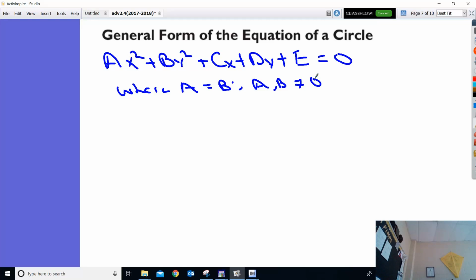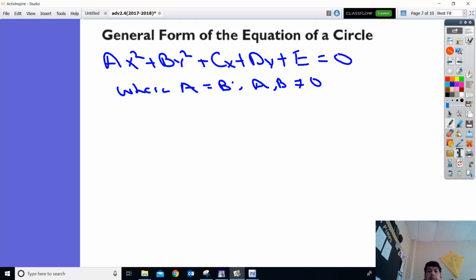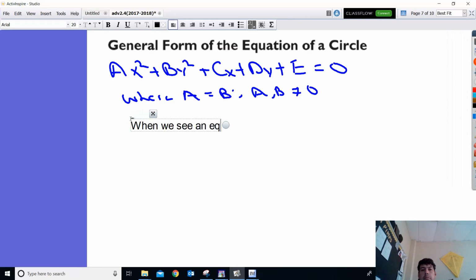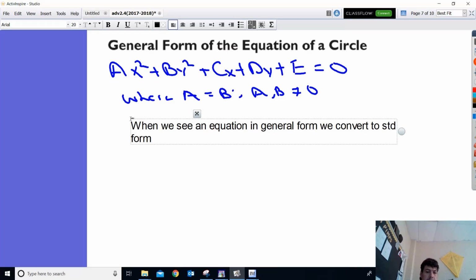General form is pretty much worthless. Not that it's worthless, it's that you cannot look at it and figure out what to do. So anytime we see an equation in general form, the idea is we convert to standard form by a very old technique, a 6,000-year-old technique.